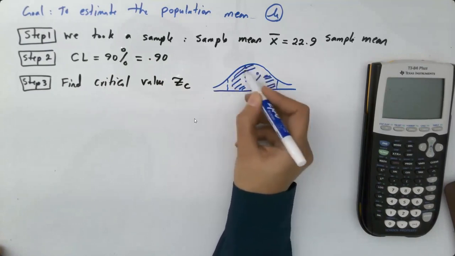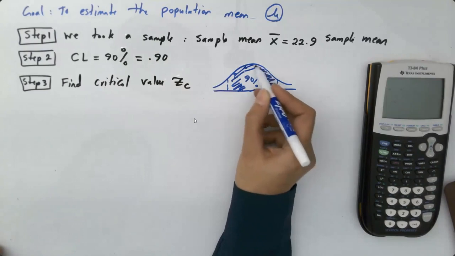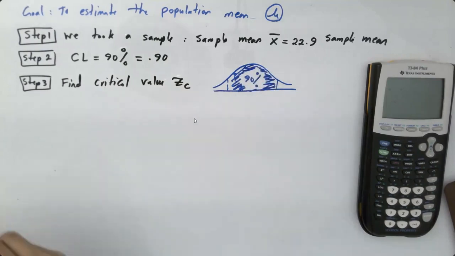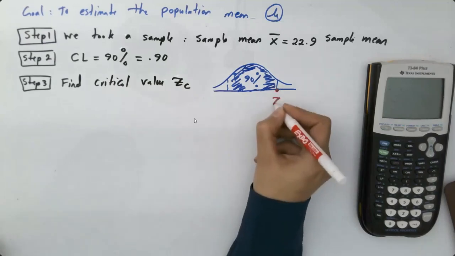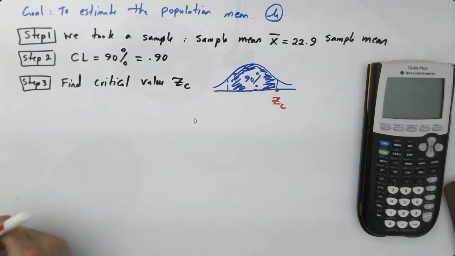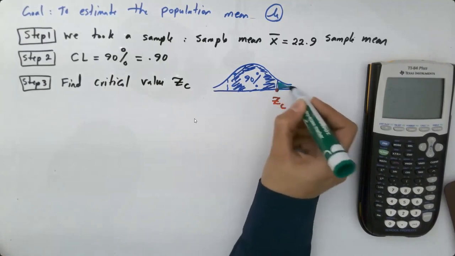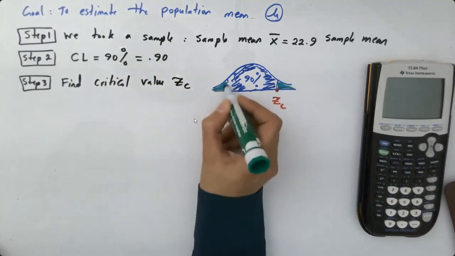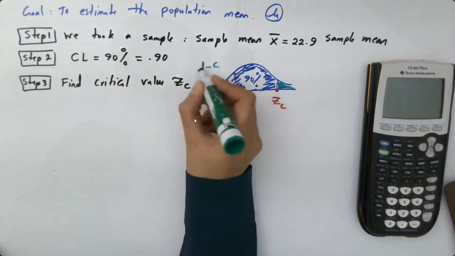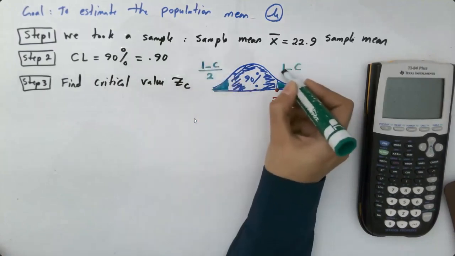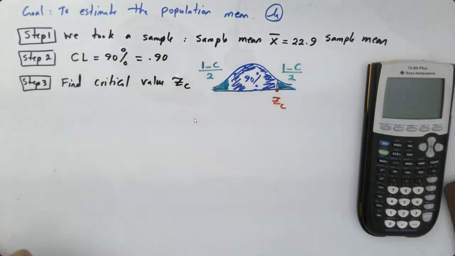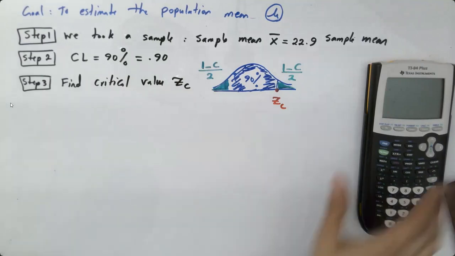We want to find Z sub C, which is this number here, the positive Z value, Z sub C. We know that we need to use our calculator, and the area to the left and to the right, both of them are (1 minus C) divided by 2. 1 minus 90%, which is 10%, divided by 2, is 5%.